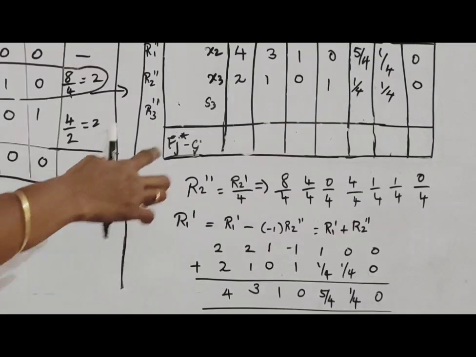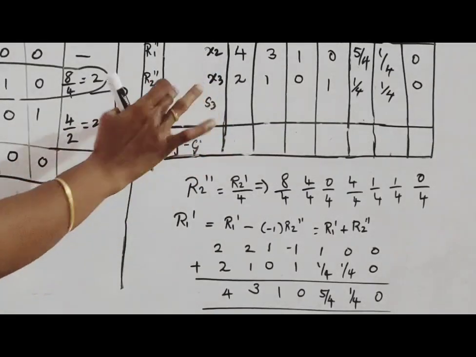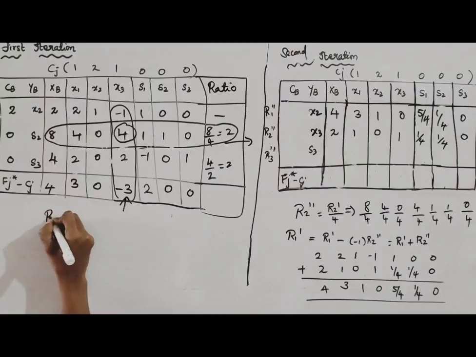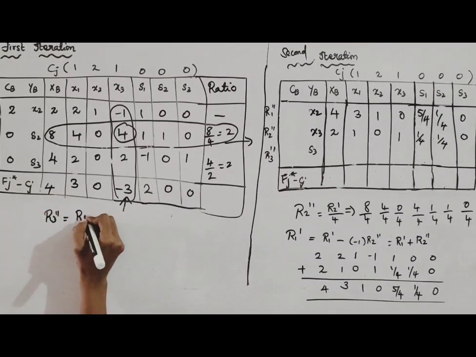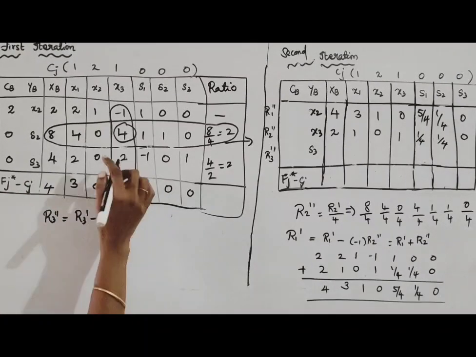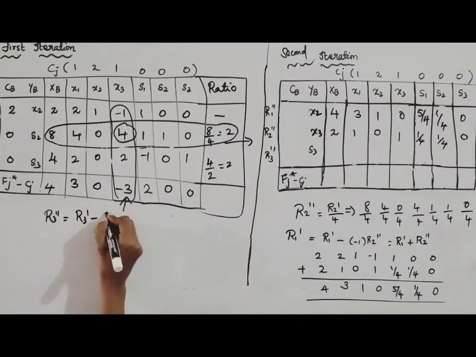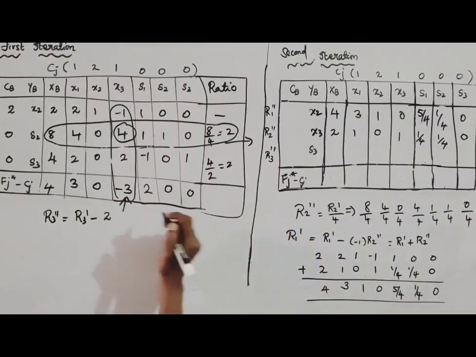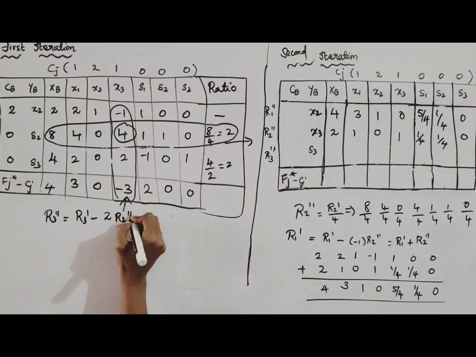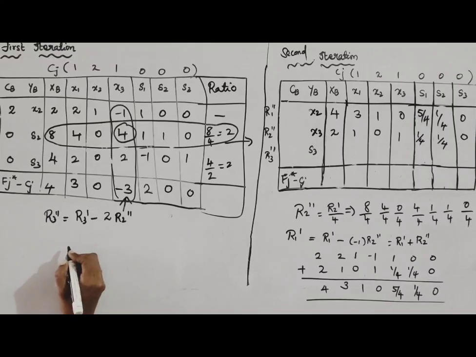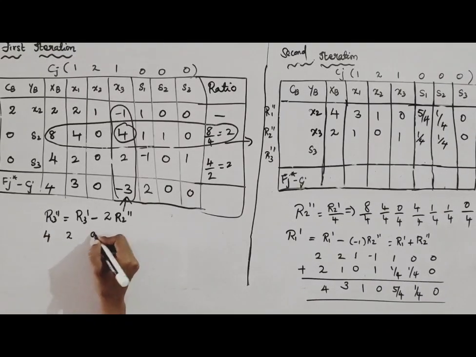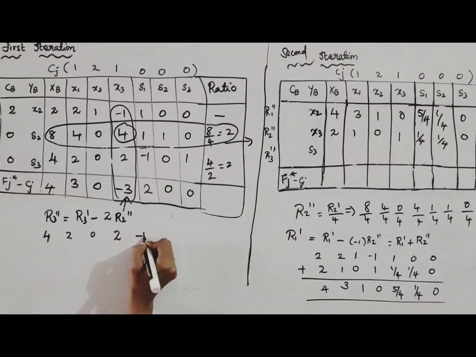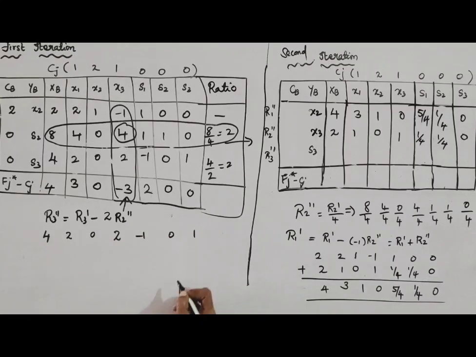Next we have to find the R3 row. Okay. R3 double dash is equal to R3 dash minus its corresponding column coefficient 2 into R2 double dash. What is R3 dash? 4, 2, 0, 2, minus 1, 0, 1.